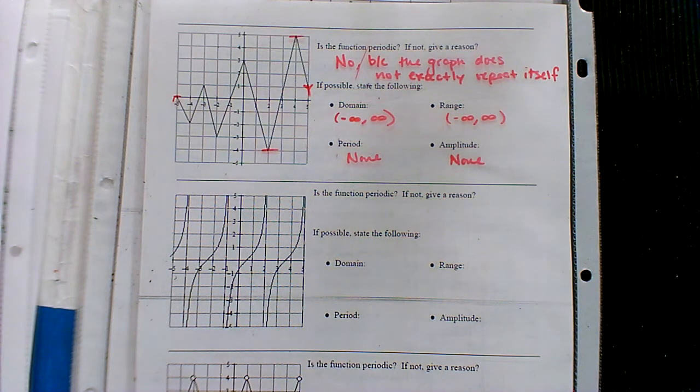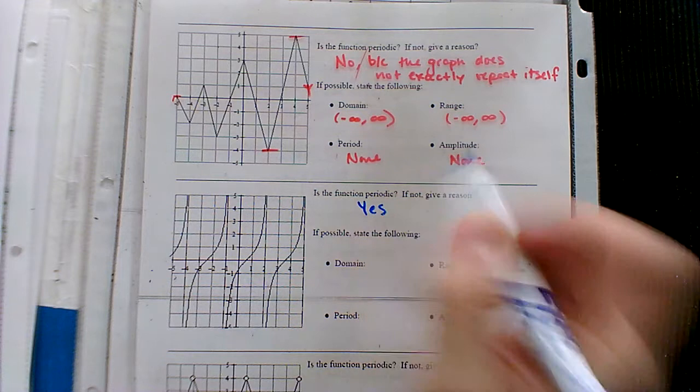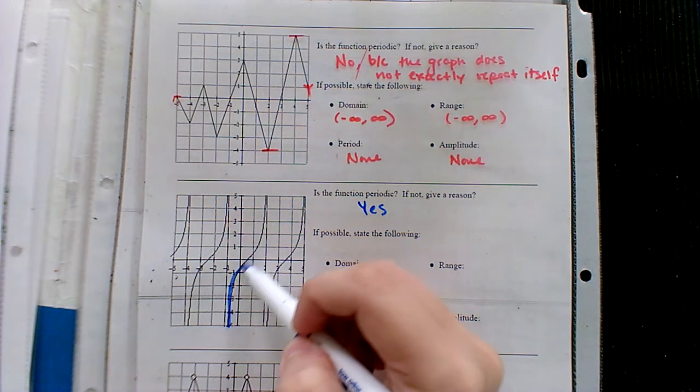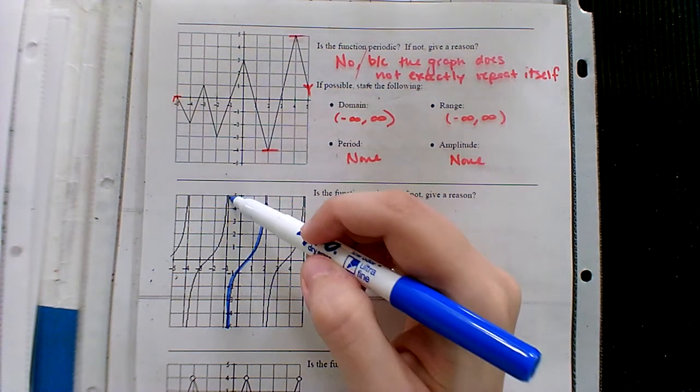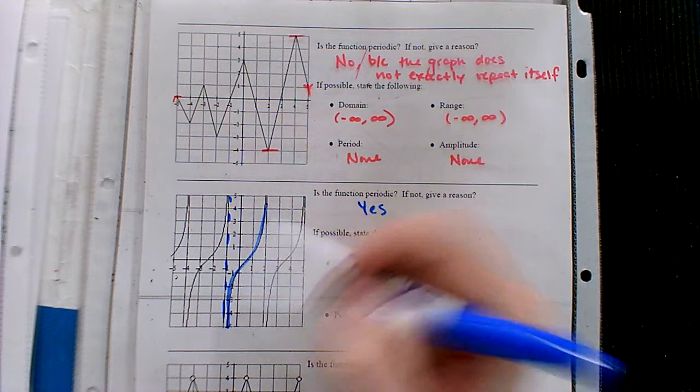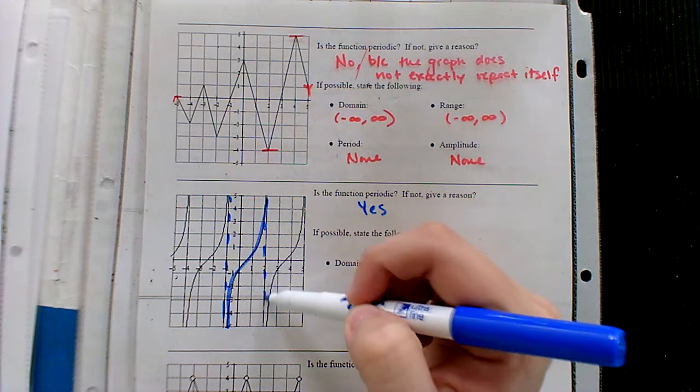All right, what about the next one? Is it periodic? Can you section off a piece that repeats itself? Yes. All right, maybe this one right here. Those vertical lines you see in there are asymptotes. I tried to make them dotted.